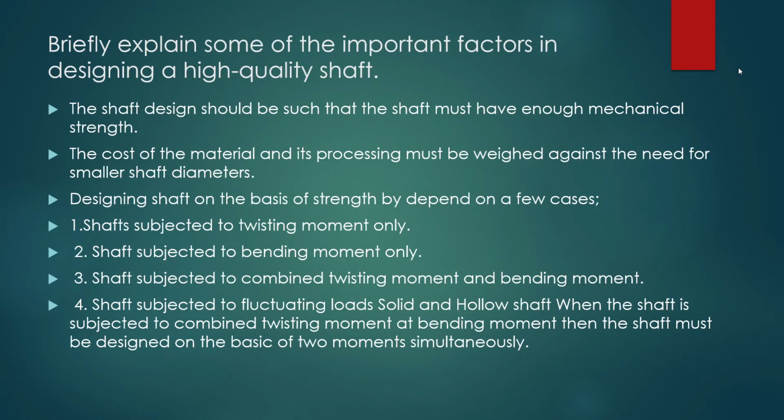The next question is to briefly explain some of the important factors in designing a high quality shaft. The shaft design should have enough mechanical strength. What do we mean by that?